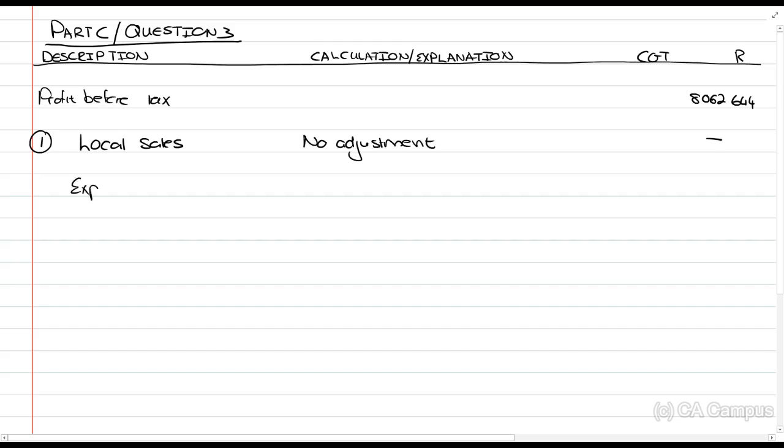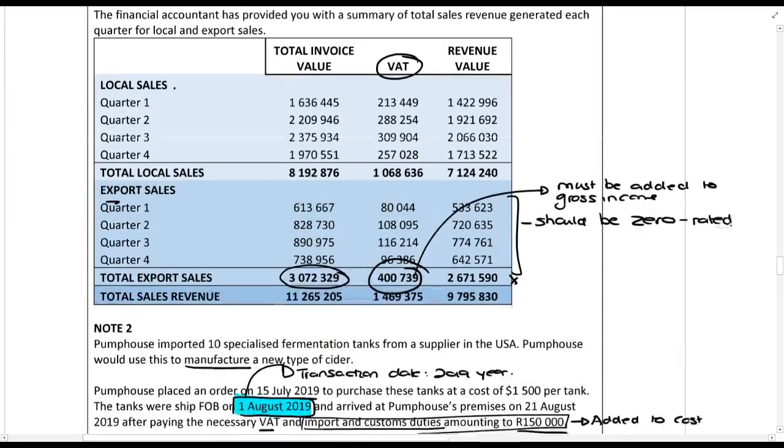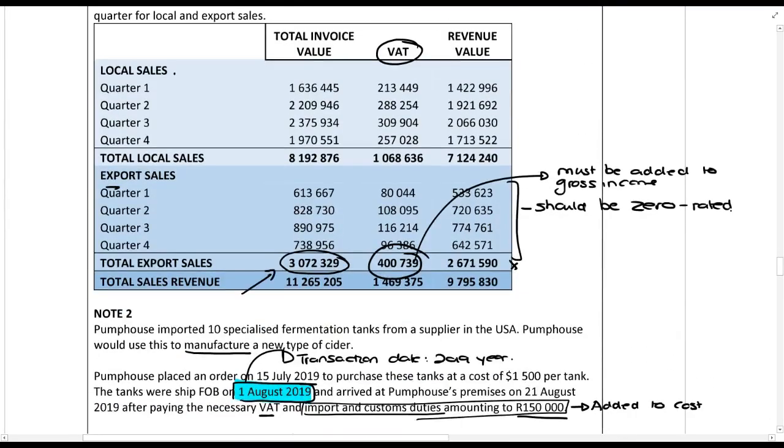The export sales is a problem. The export sales are 0 rated. So if you've invoiced them a total amount of 3,072,000, but that amount actually there should have been 0, then the amount that you should include for revenue is the same as the total invoice amount.